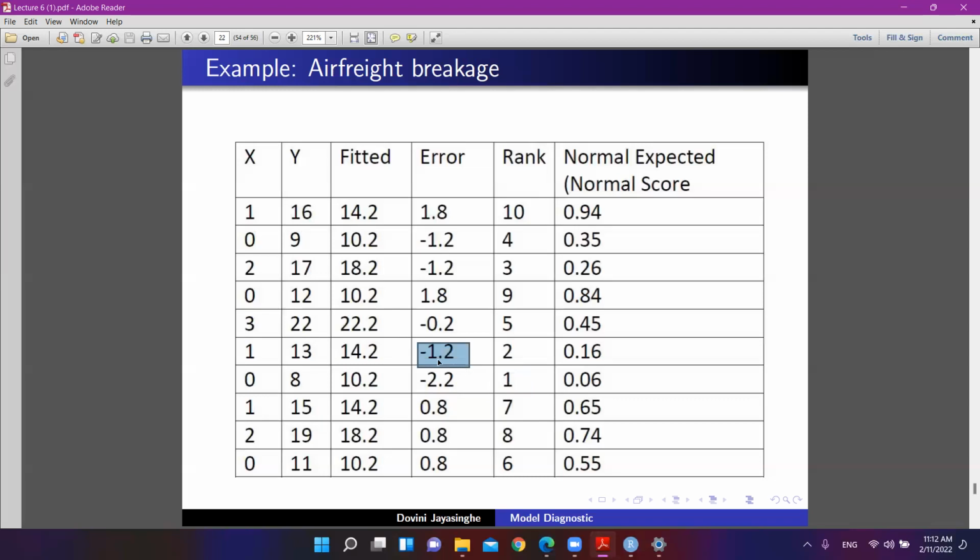Can you see ties here? Negative 1.2 is appearing in 3 places. Usually you put 2 over 3, 2 over 3, 2 over 3. That is the usual way of ranking in non-parametric statistics. Okay. But here you just rank it like this. You either can put 2 here, 3 here, and 4 here.